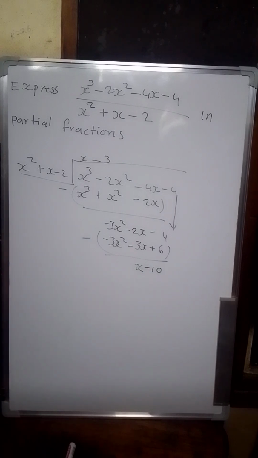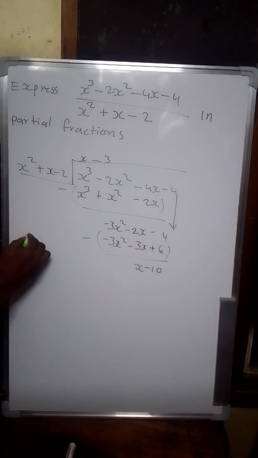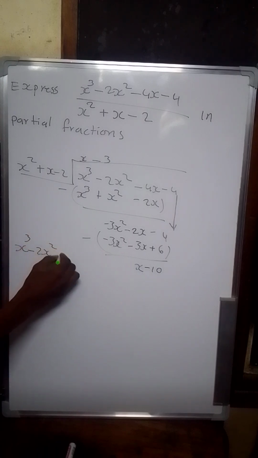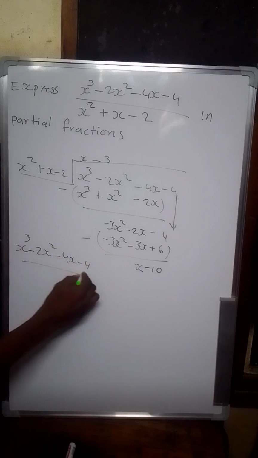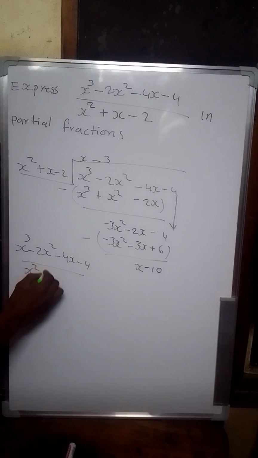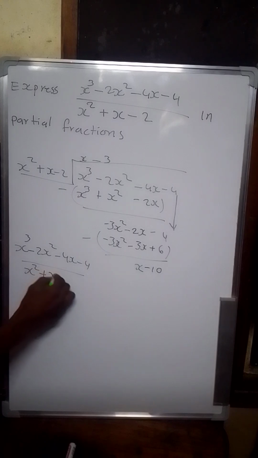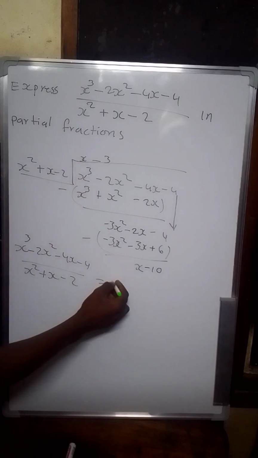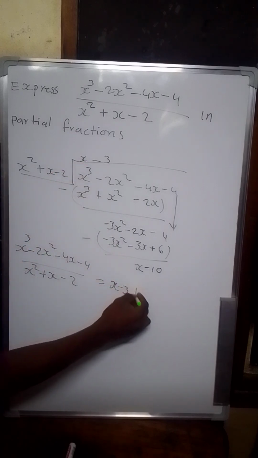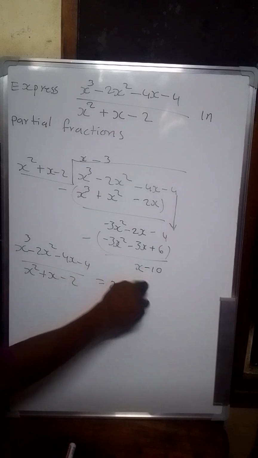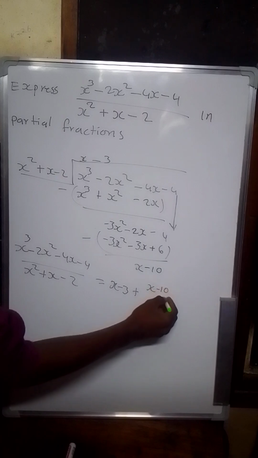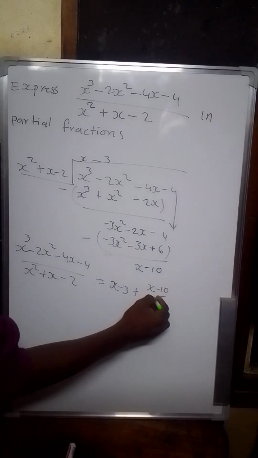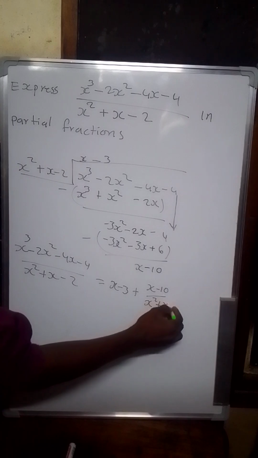So when we divide here, we will have x raised to the power 3 minus 2x squared minus 4x minus 4 divided by x raised to the power 2 plus x minus 2, which is equal to x minus 3 plus the remainder, which is x minus 10 over x raised to the power 2 plus x minus 2.